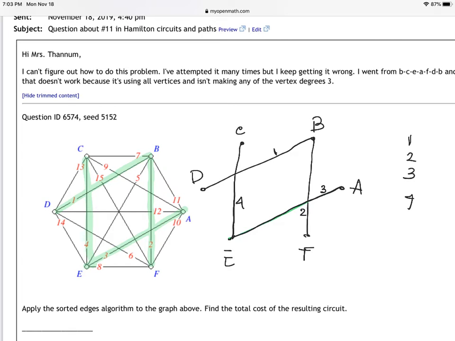Okay, so let's talk about why we can't use 5. I don't have any circuits made yet, and you see here that that makes a degree of 3, and so we don't want that. Okay, so no 5. Let's look at that 6. Okay, that looks promising.